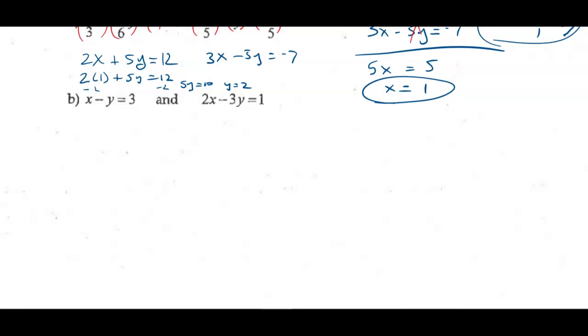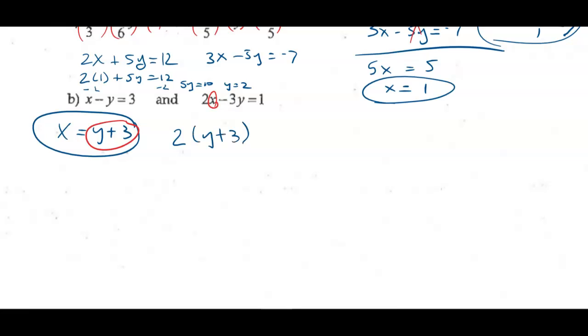All right, for the next one, again, you can use substitution for this one if you want, only because you can very easily solve for x. If you want to use substitution, you have to replace x with y plus 3. Sorry, just trying to go too fast here, apparently.